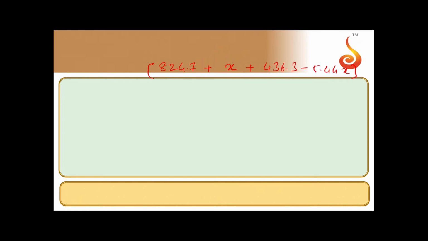Now, they have given the mass percentage of sulfuric acid left as 27%. Let us calculate the mass percentage of sulfuric acid.